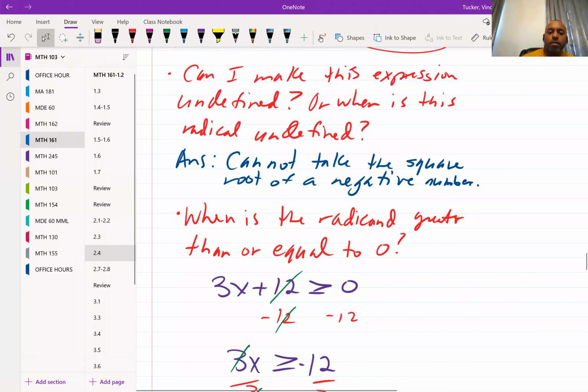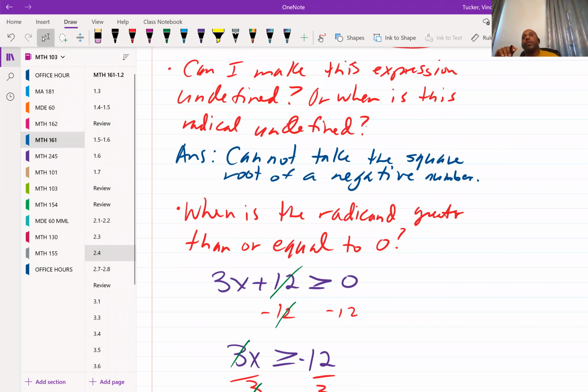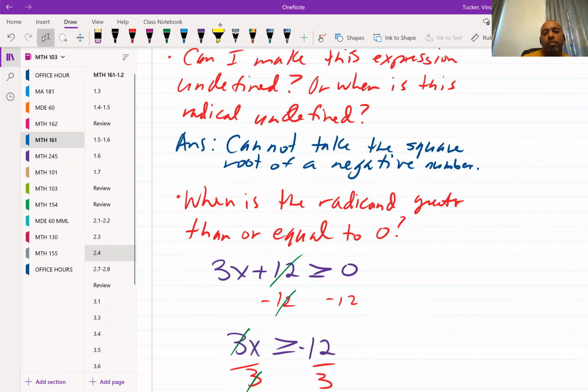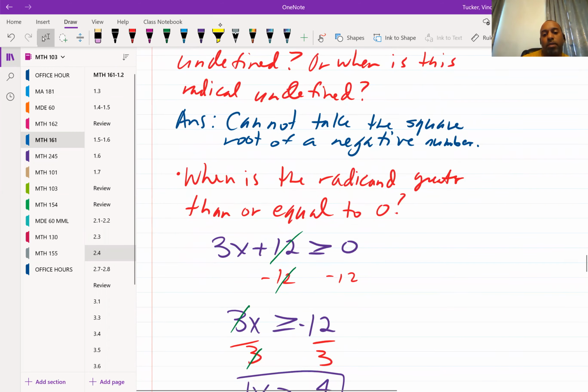Solve that. We'll subtract 12 and then divide by 3. Can I scroll up some?